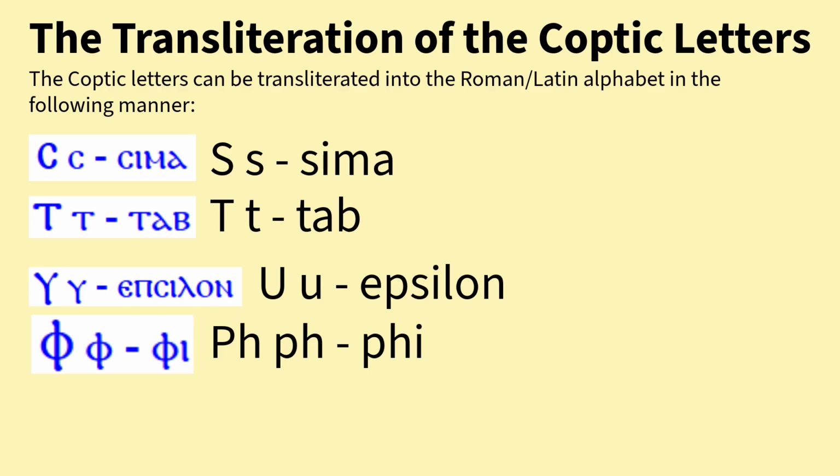Then we have Absilon, which is, of course, the Greek letter ypsilon, which is transliterated as the letter U. Pardon me.